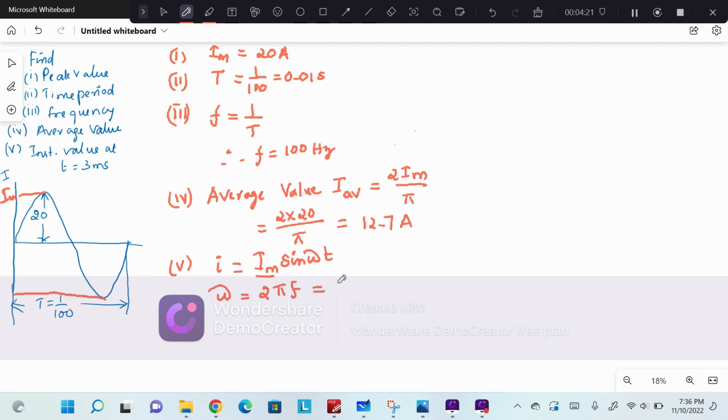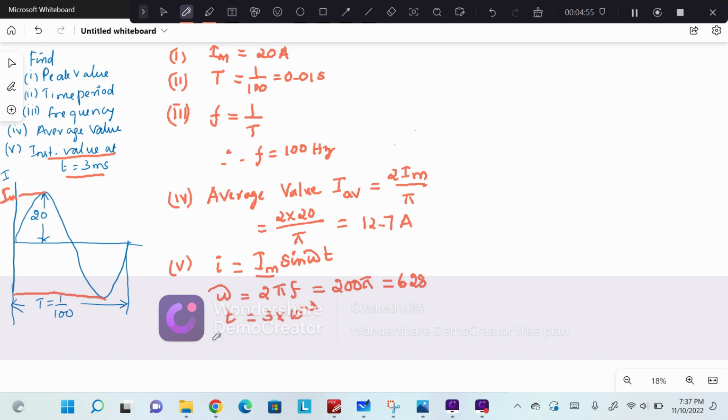So it is 200 pi, and that is omega. Taking pi as 3.14, 200 pi is 628. The instantaneous value is to be found at t equal to 3 milliseconds. So t we have to substitute as 3 millisecond, that is 3 into 10 power minus 3.